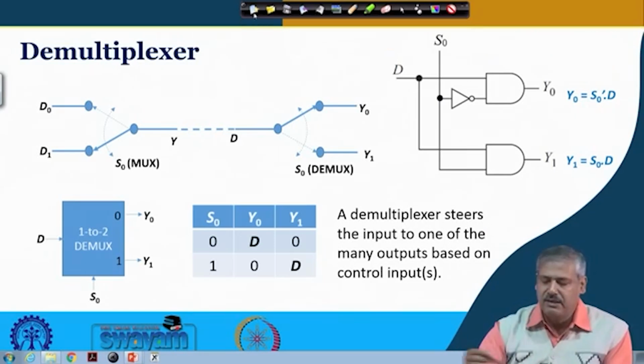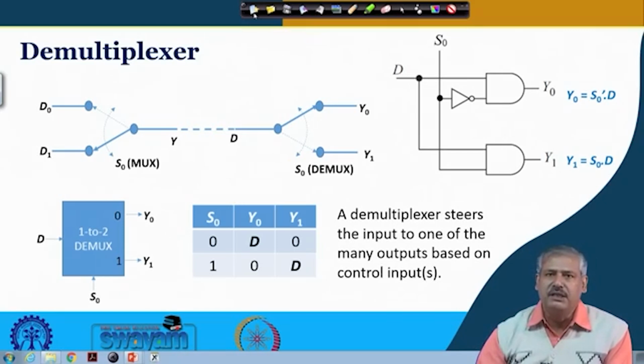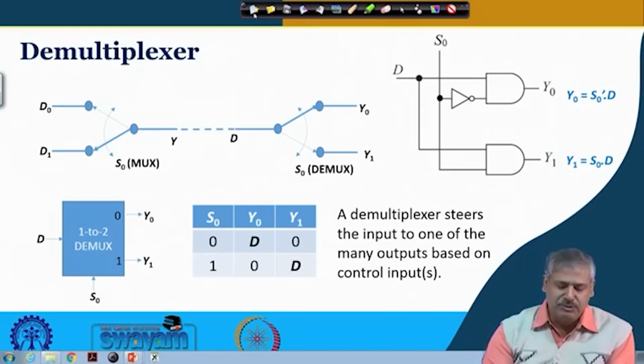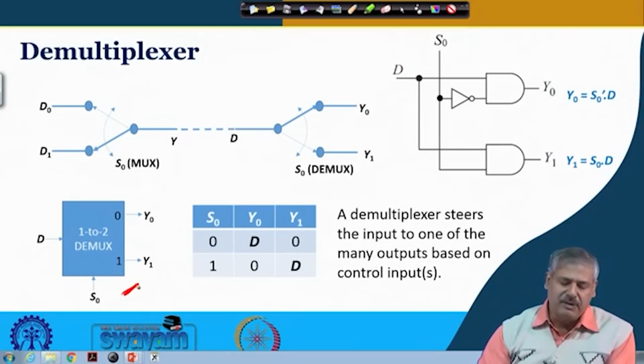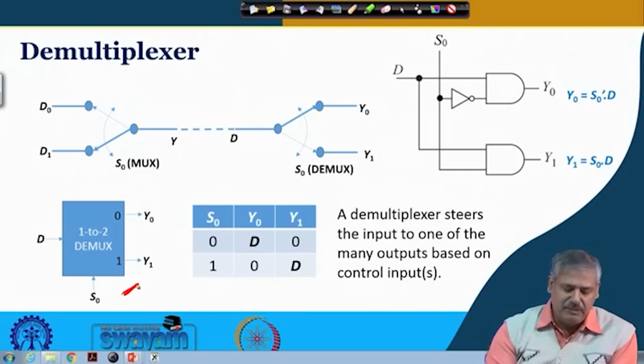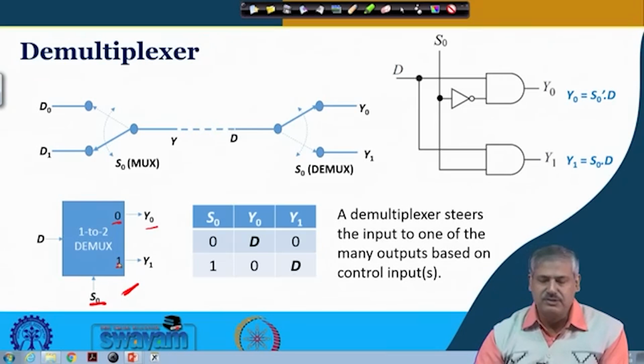So, this is the basic circuit, and again, similar to multiplexer, we shall be using a block diagram to designate a demultiplexer. If it is a 1 to 2 demultiplexer, this is the block diagram. S0 is the select input, data is going to Y0 when S0 is 0, and to Y1 when S0 is 1.